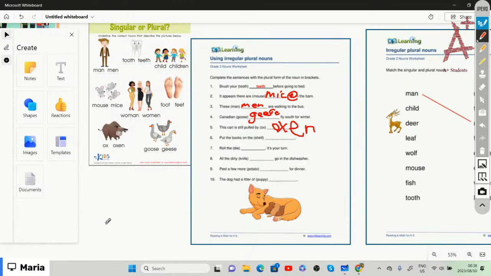And then we have put the books on the shelf. Put the book on the shelves. And then we say shelf. So on shelf, oopsie.